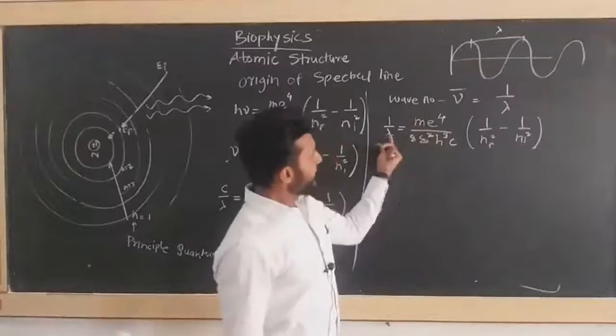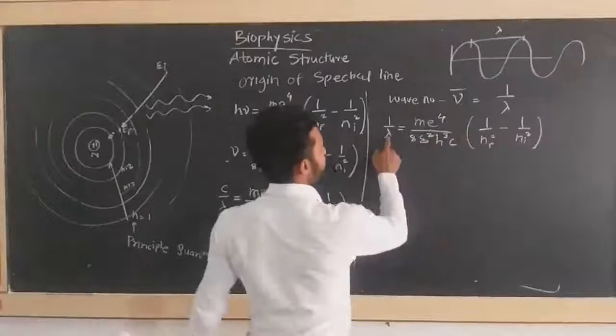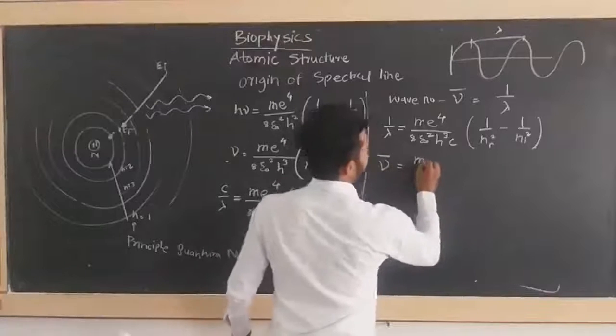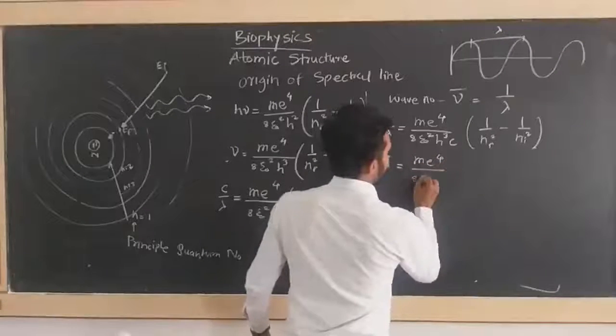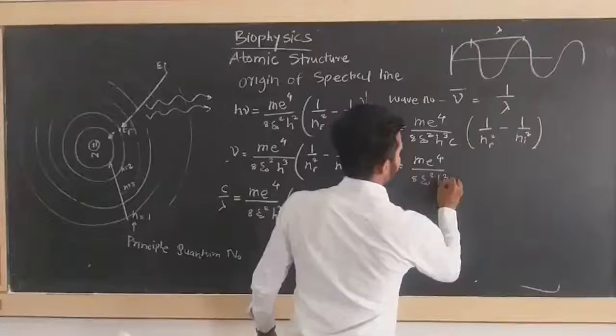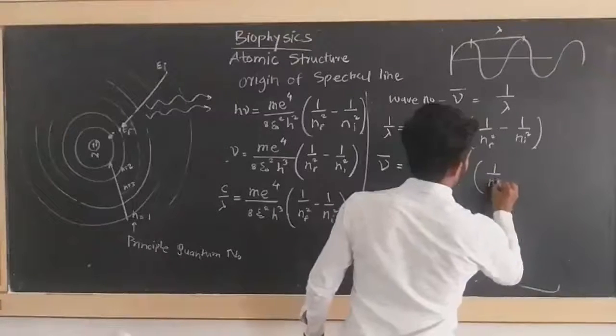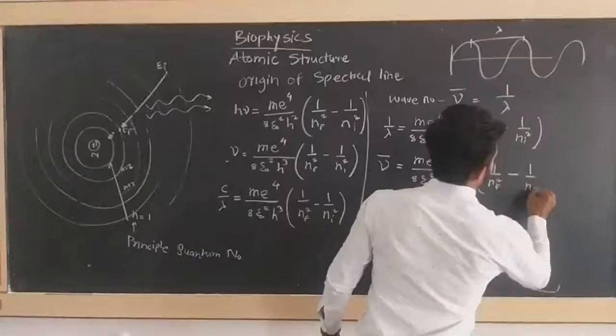But we know that 1 by lambda is nothing but wave number, so instead of 1 by lambda we can write wave number is equal to m e raised to 4 upon 8 epsilon naught square h cube c, 1 upon nf square minus 1 upon n initial square.